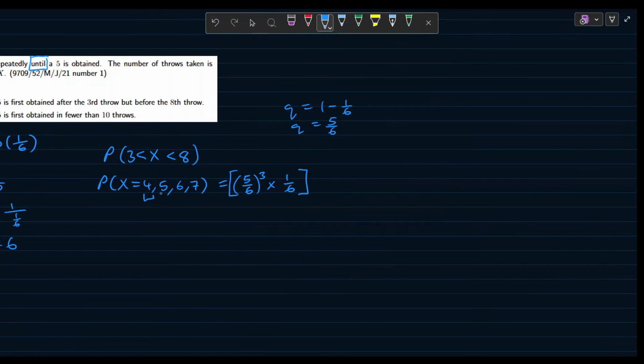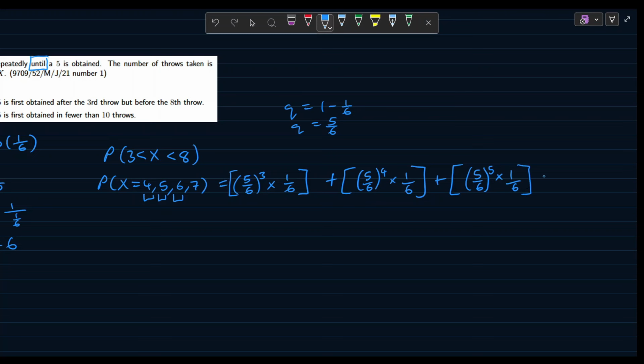Now let's go on to x is 5. X is 5 is going to be 5 over 6 to the power 5 minus 1, so that's 4, multiplied by 1 over 6, plus x is 6, that's going to be 5 over 6 to the power 5, multiplied by 1 over 6.